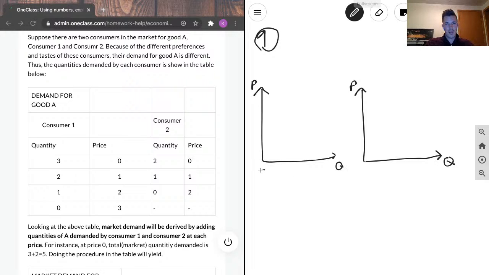So quantities, there is 0, 1, 2, and 3. And for the second consumer, it's only consuming 1 and 2. So we're going to say consumer 1 and consumer 2. And prices go from 0 to 3.